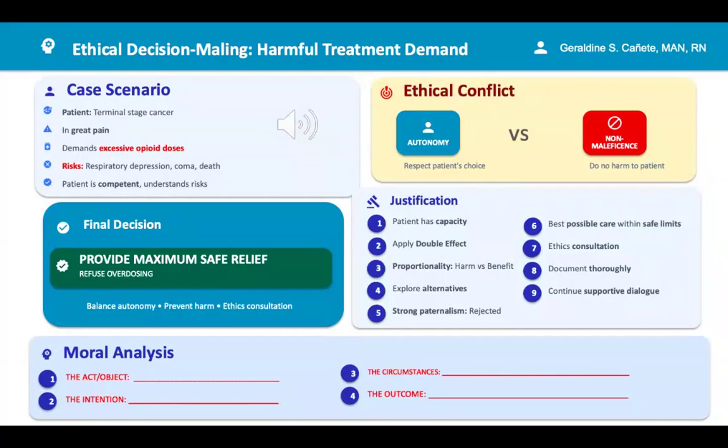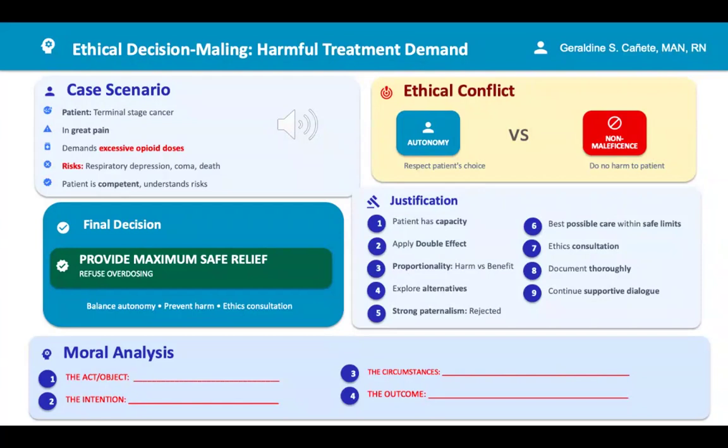In this situation, the most ethical course of action is to provide the patient with the maximum safe relief possible, while refusing to administer excessive opioid doses that could cause respiratory depression, coma, or death.